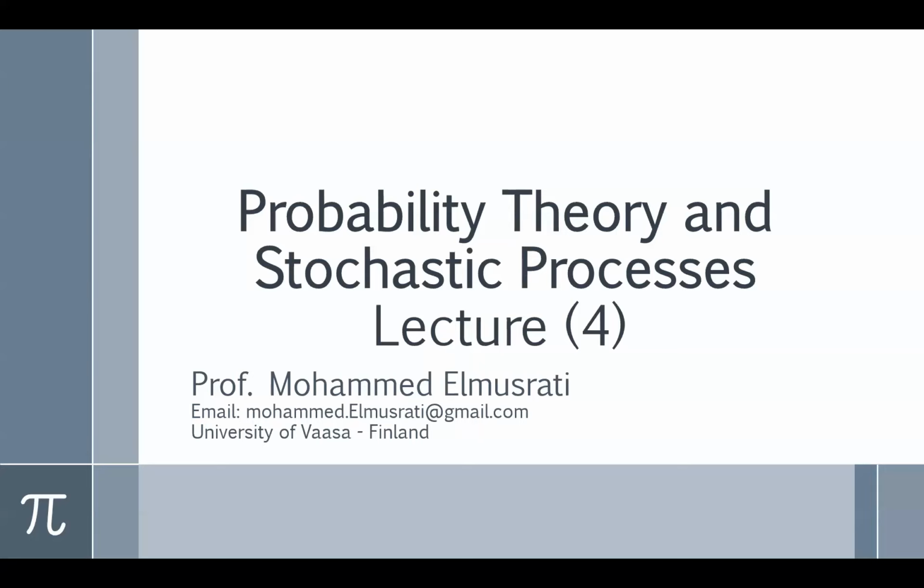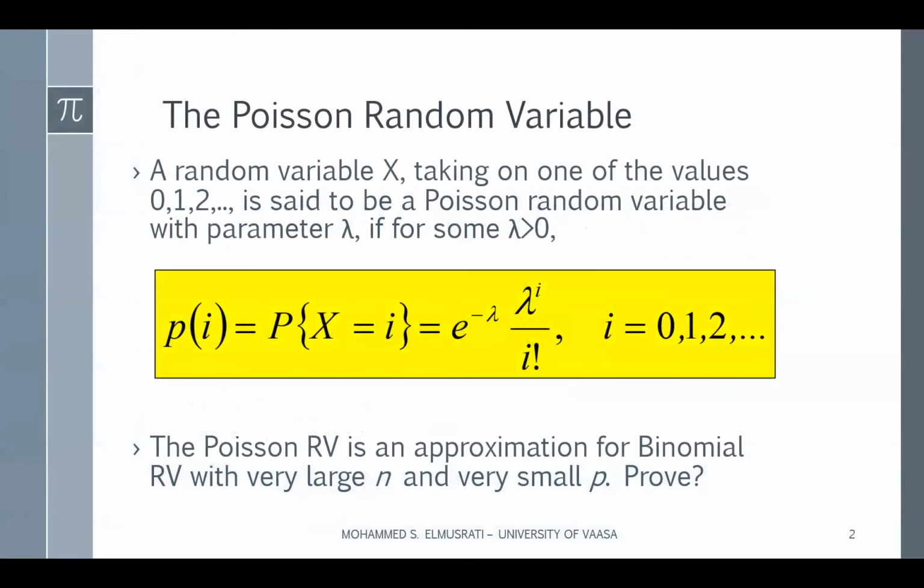Good morning, everyone. Today is our fourth lecture about probability theory and stochastic processes. In the previous lecture, we went through very important concepts about random variables, and we showed that a random variable is like a real number representing the uncertain fluctuations of the physical value that we are looking for, or of any uncertainty.